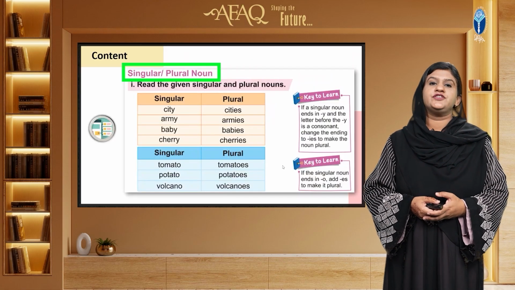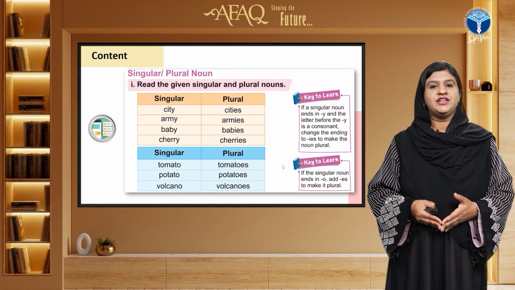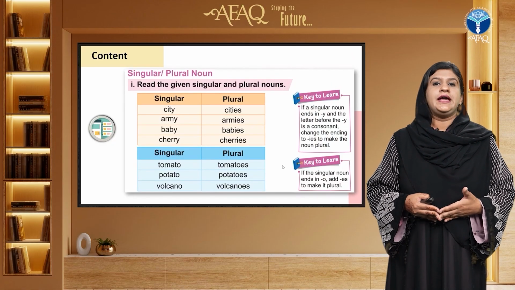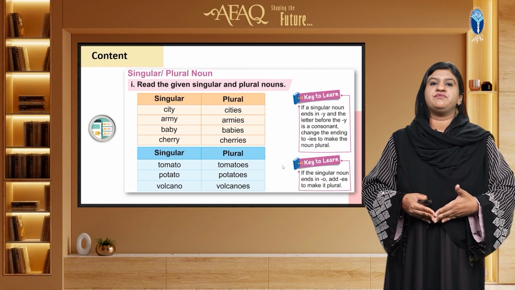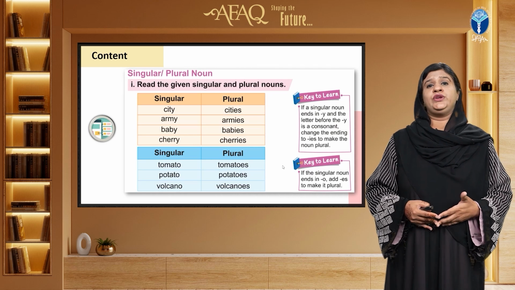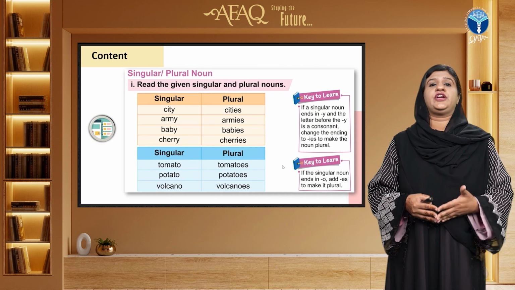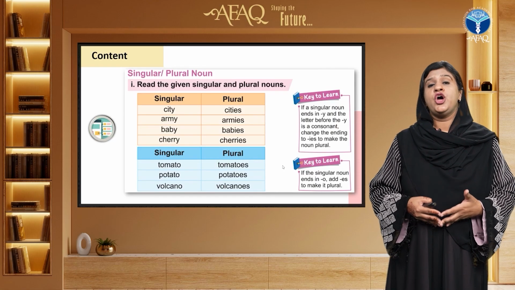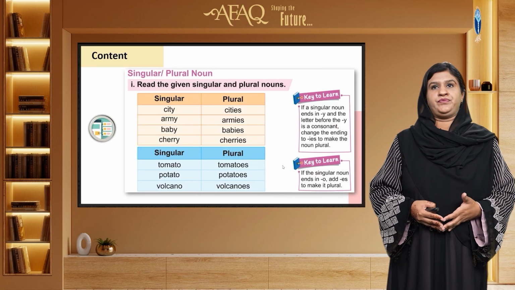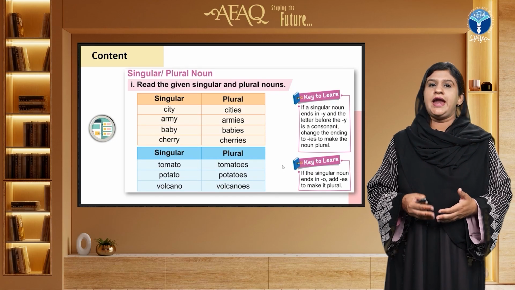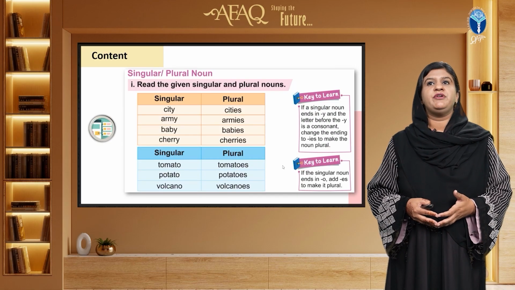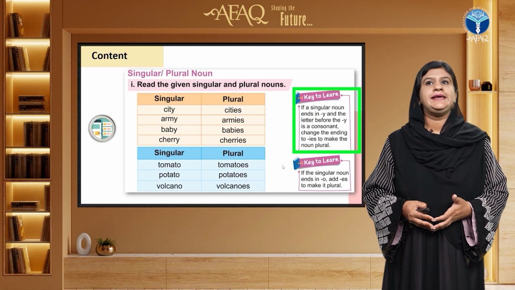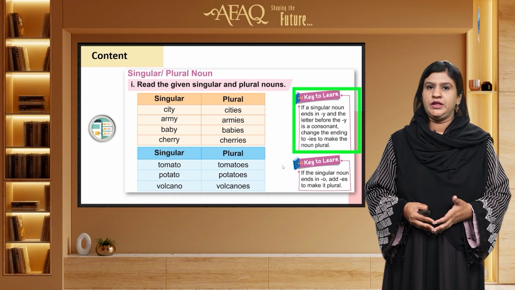The next part is singular and plural nouns, and as we have discussed many times, a singular noun is one thing and plural means many. But here we are going to look at another aspect of singular and plural nouns, and we are going to look at some singular nouns which end in Y. So if a singular noun is ending in Y, and the letter before Y is a consonant, change the ending to IES to make the noun plural.